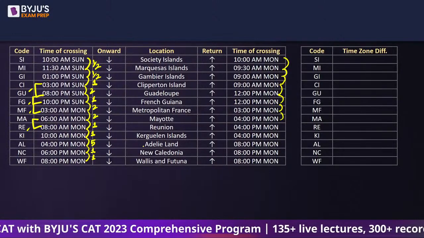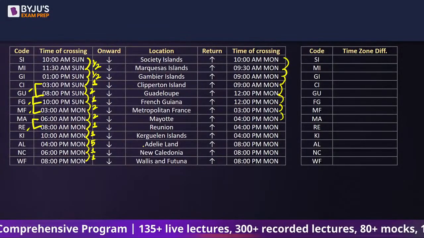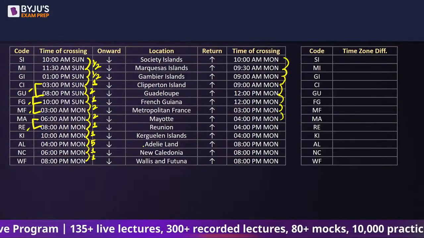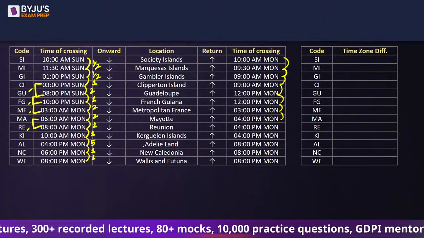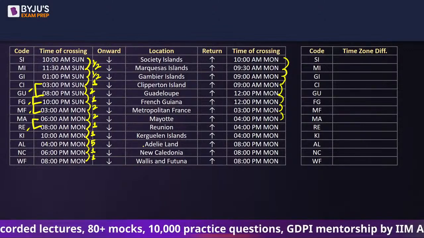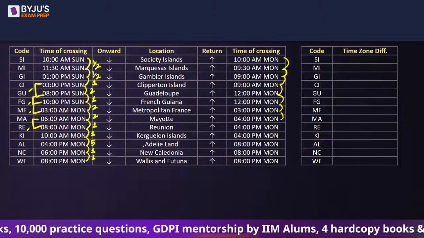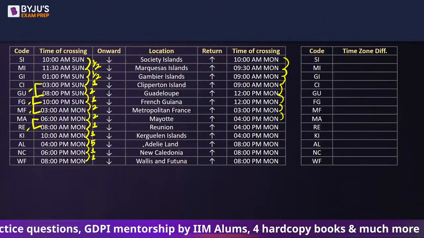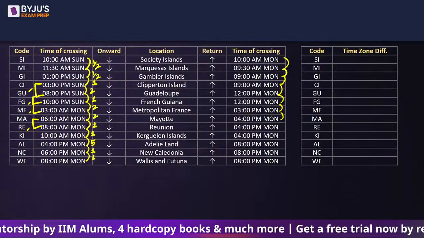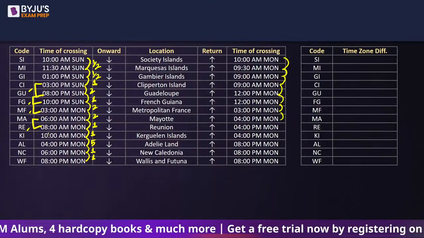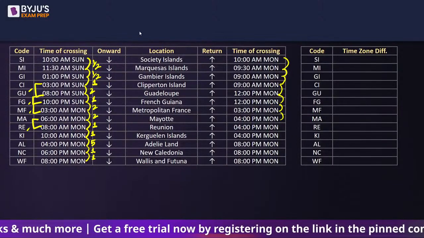CI to GU is 1, 2, so the difference is 1, 2, 1, 1, 1, 2, 1, 2, 1, 1. 2 hours. Okay, so we get 4.